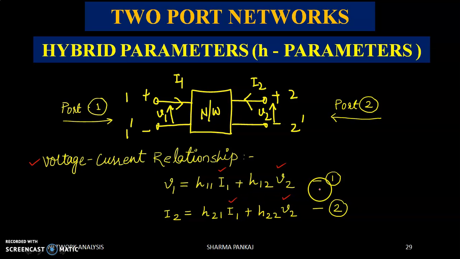As we have seen in equation number 1, I1 is at port number 1 and V2 is at port number 2. Similarly, V1 is the input voltage of port number 1 and I2 is the output current of port number 2, or it is the current defined at port number 2.